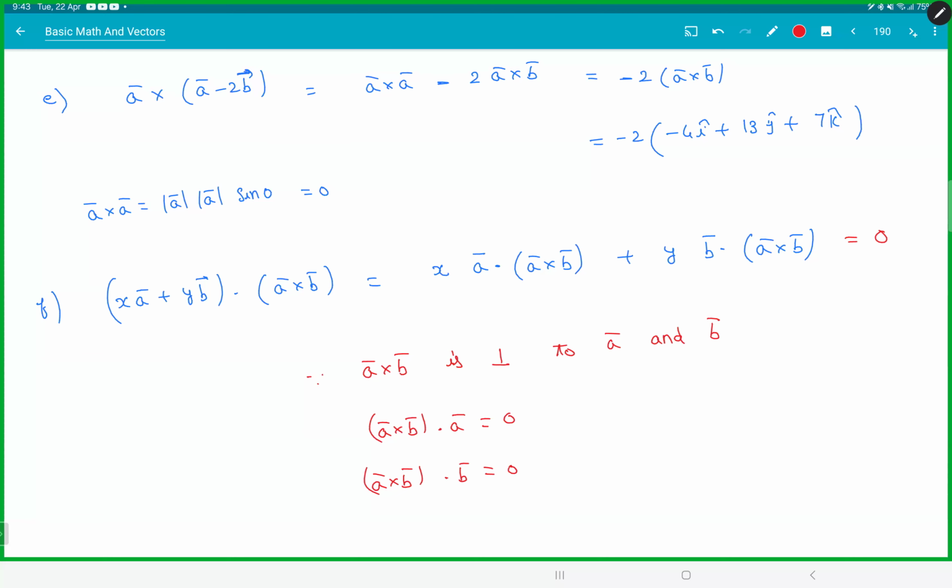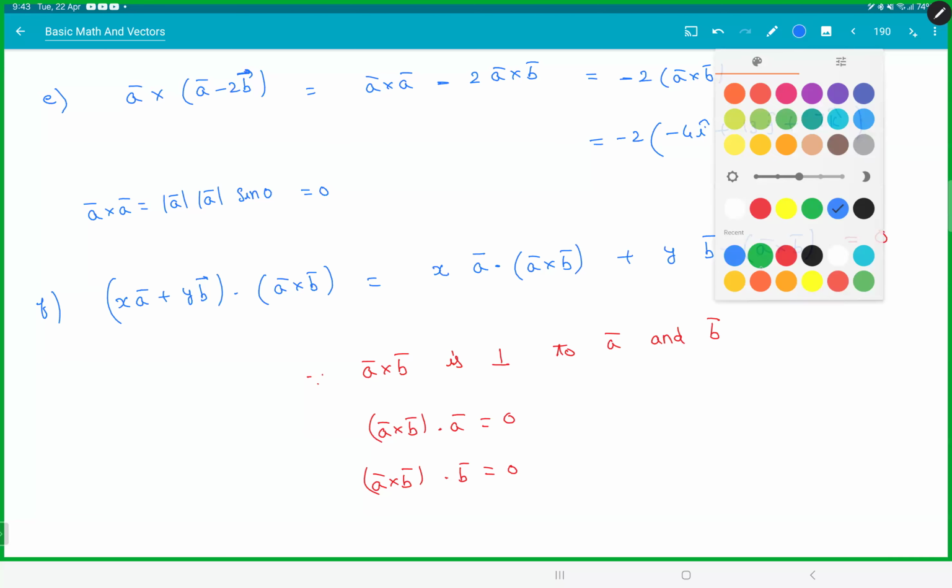So look at the meaning of that. If this is A bar and this is B bar, you take any vector in the plane of these two, and all those vectors will be perpendicular to A cross B. Do you agree? Yes, sir. That is the meaning of the F part of the question. So for E and F, there's not much to solve.